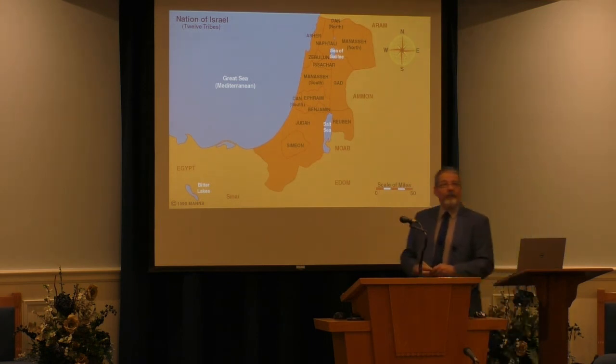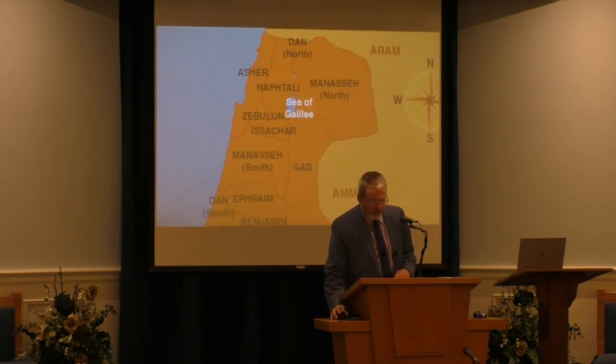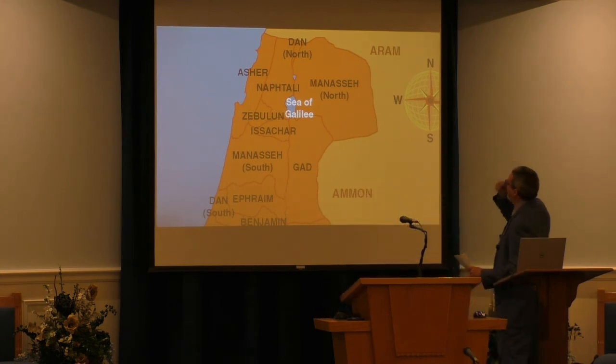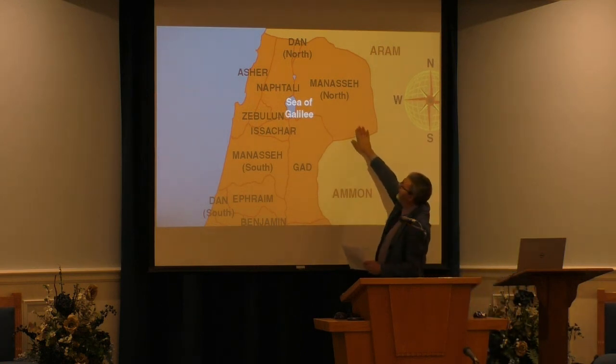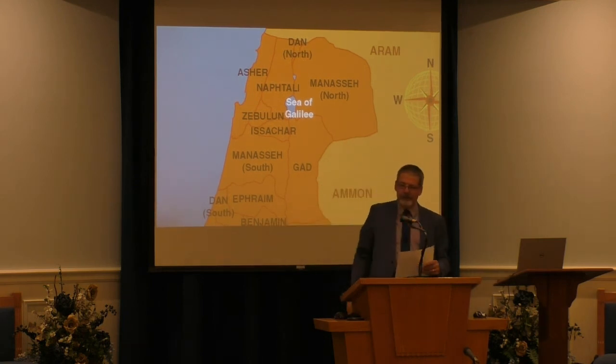Now, we've got a couple of minutes to go yet, so let's take time. If you haven't filled out your map, let me zoom in on this, and then we'll work our way down. If you haven't filled yours out, just to get our perspective of our geographical region. So let's get on this side first. You should have Manasseh, the northern tribe of Manasseh, half a tribe of Manasseh. And then we have Gad in the middle.